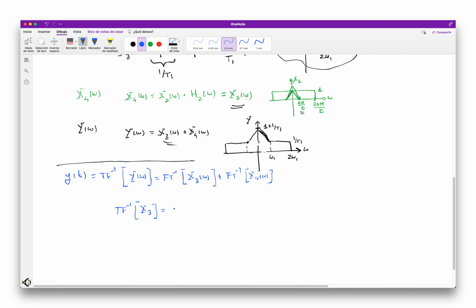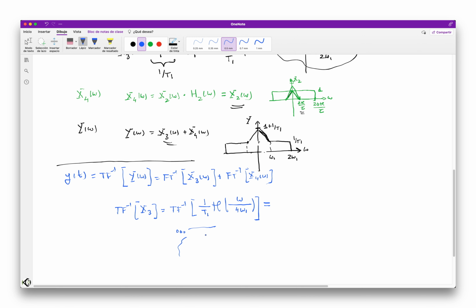If you go back to what x3 was, this is the inverse Fourier transform of a pi of amplitude t1, centered in the origin, and total width of omega 1. This is what x3 was. Again, here we have a Fourier transform that we have done in the past. We have a pi in the frequency, and this will translate into a sinc in time.